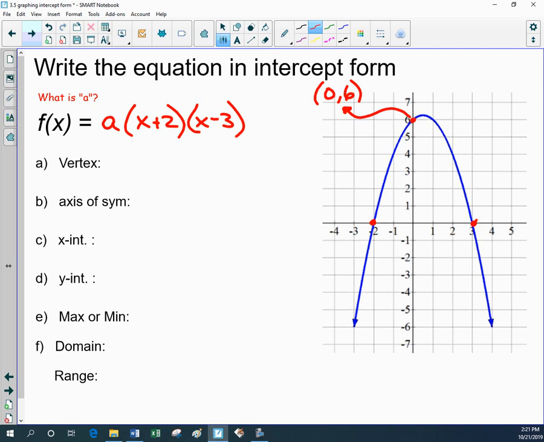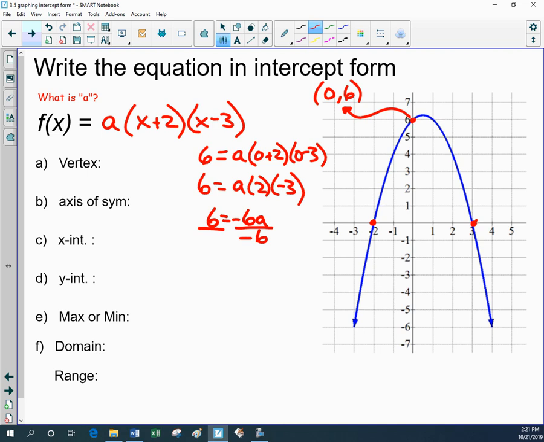So when we do that, we have 6 equals a times 0 plus 2 times 0 minus 3. So we get 6 equals a times 2 times negative 3. So that would be 6 equals negative 6a. Divide by negative 6, and a equals negative 1.